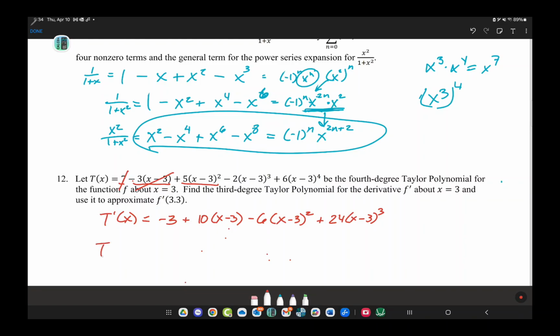Then we basically find T prime of 3.3, which gives me negative 3 plus 10 times 0.3 minus 6 times 0.3 squared plus 24 times 0.3 cubed. And you can just plug that in the calculator. What does that give you?